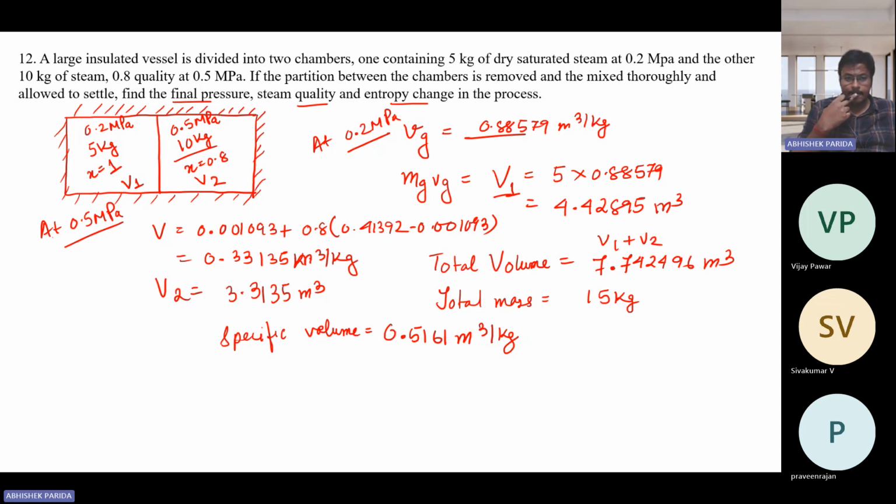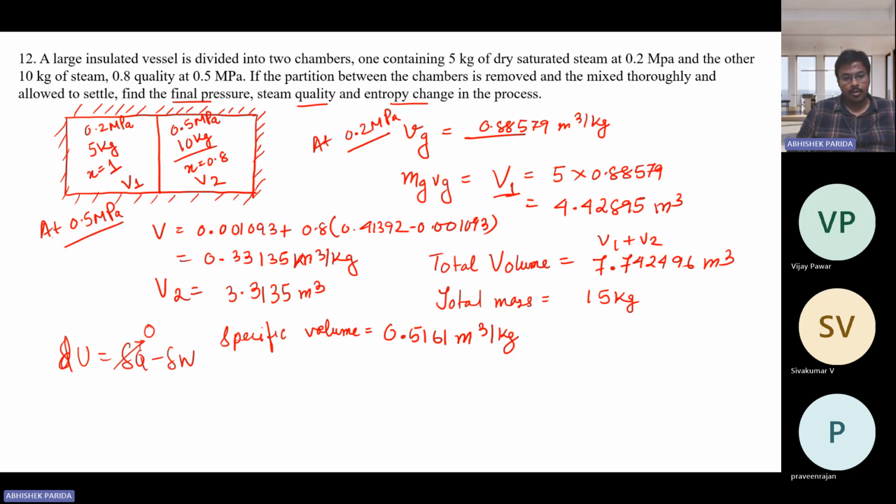So we have to calculate. First of all, if we use the first law, del U is equal to del Q minus del W. Is there any heat interaction?